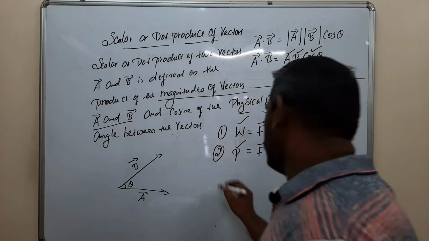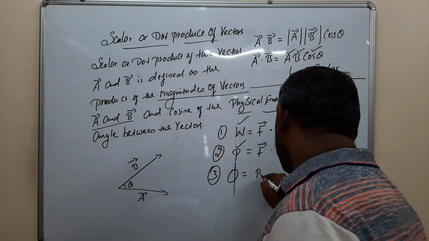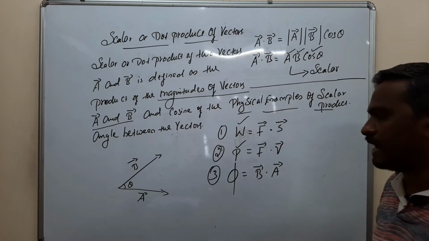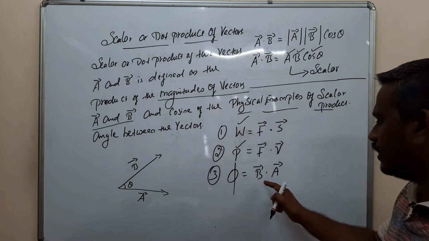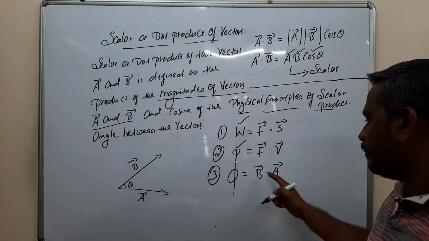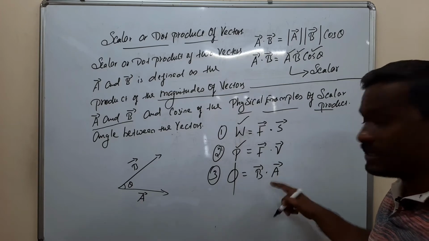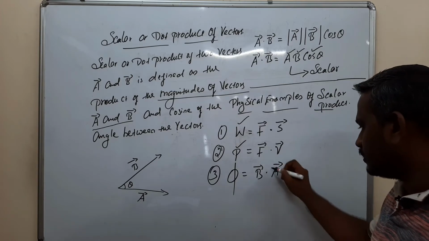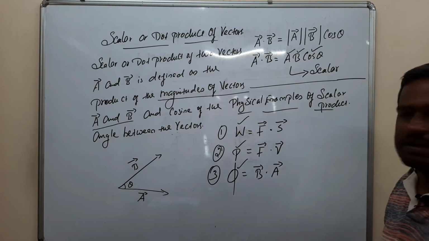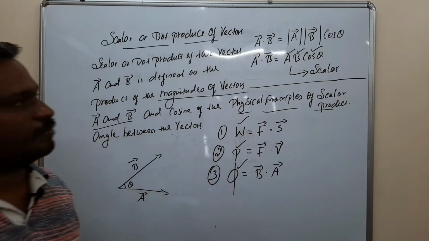Third one, magnetic flux phi is equal to B vector dot A vector, magnetic field into area vector. B is the magnetic field, a vector quantity, and area is a vector quantity. If you take the dot product of these two vectors, we get magnetic flux, a scalar quantity.